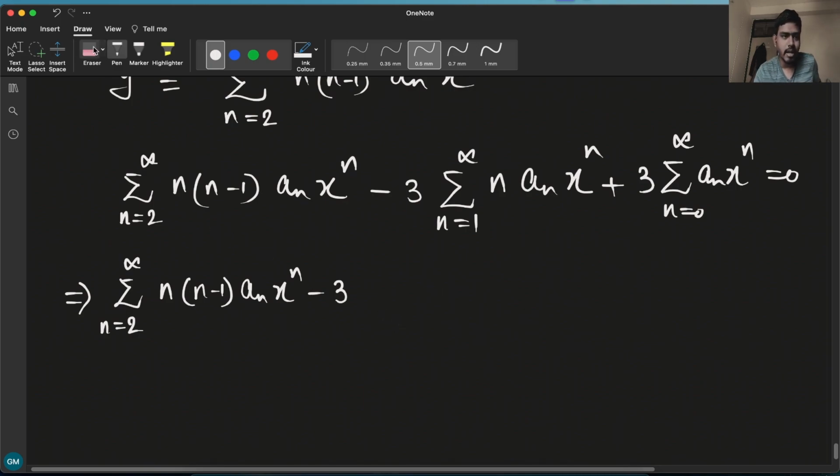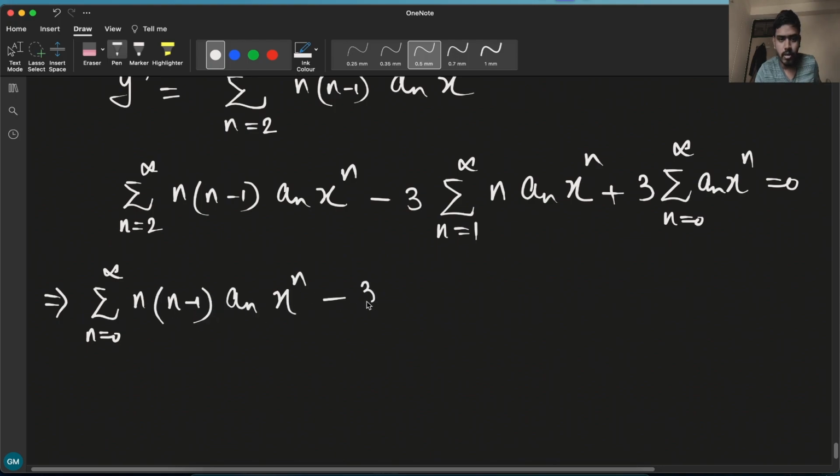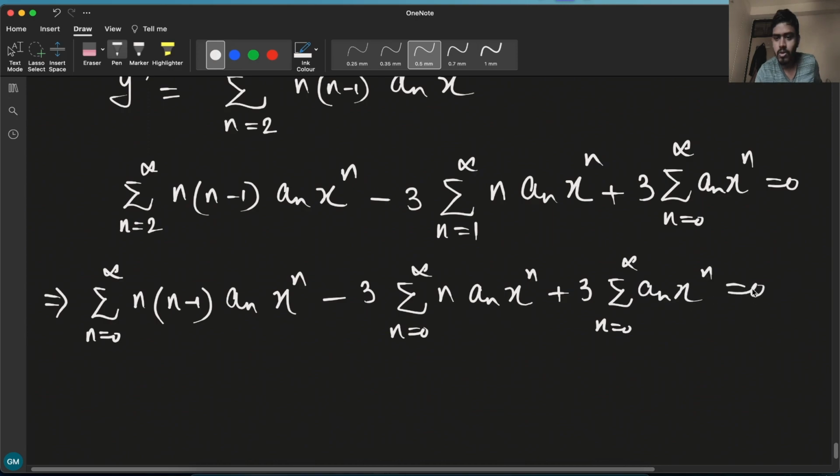Rather than that, what I can do is start all the series from n equals 0. I can write the sum n equals 0 to infinity n times n minus 1 an x to the power n, minus 3 times the sum n equals 0 to infinity n an x to the power n, plus 3 times the sum n equals 0 to infinity an x to the power n equals 0.